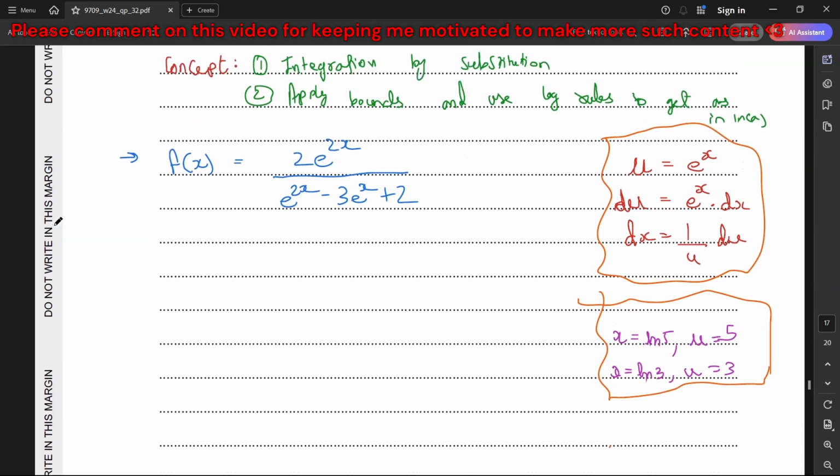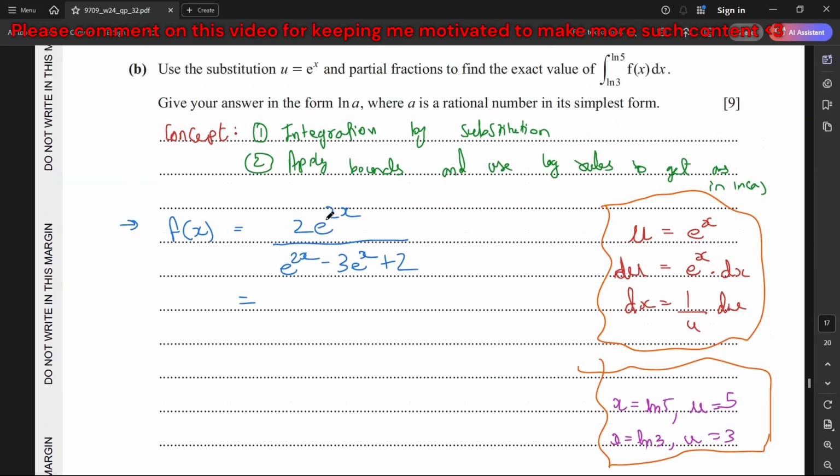Now let me convert this f of x in terms of u. My e^x is u, so this becomes 2u² divided by u² minus 3u plus 2, and that's it. I have converted it in the format of u.